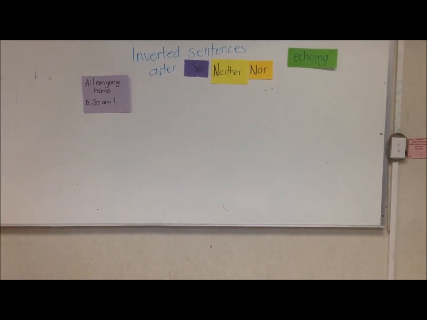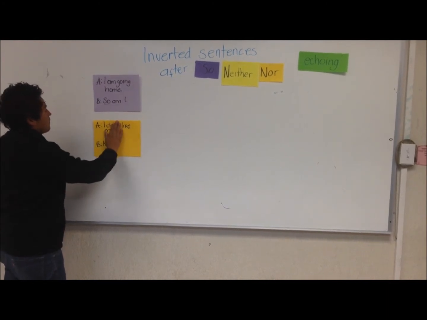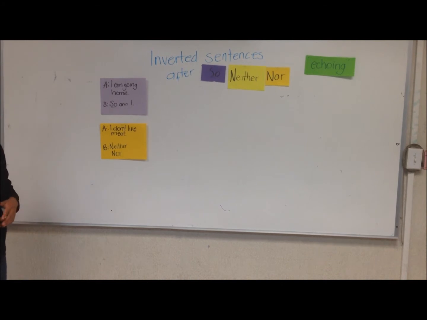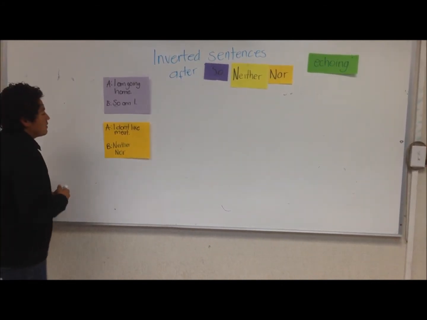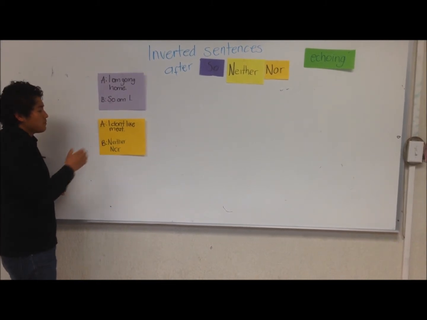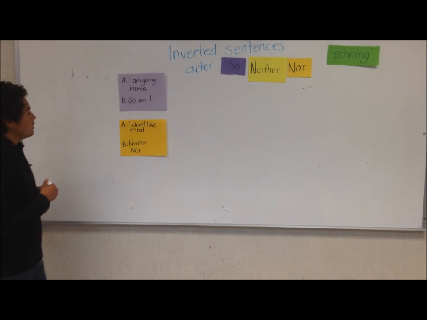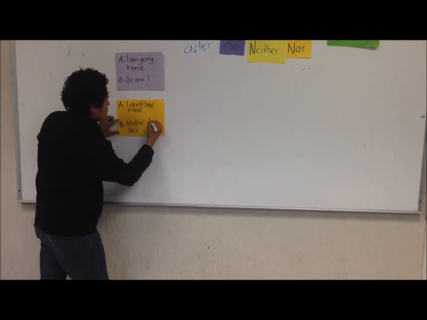Okay, now, similarly, it happens with the words neither and nor. Example, student A says, I don't like meat. How can we complete that sentence? Neither, in order to agree with student A, how can we complete that? Neither do I. Why do?